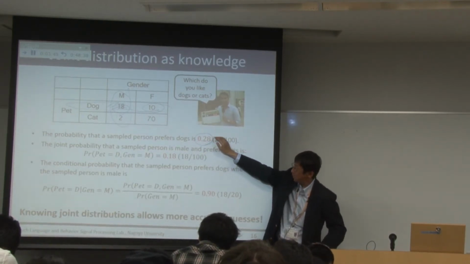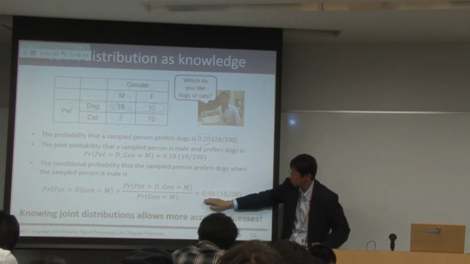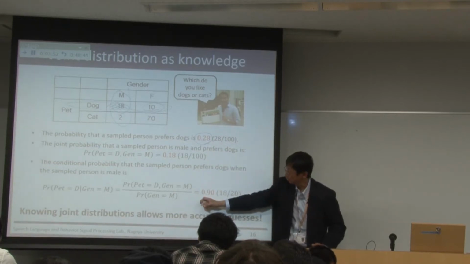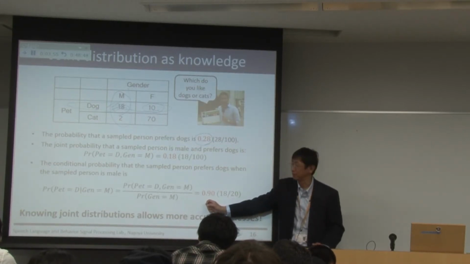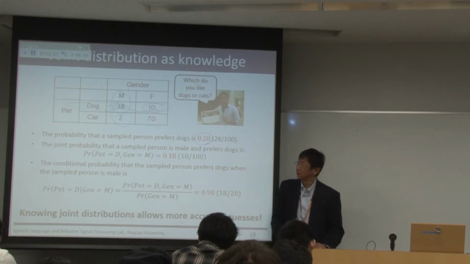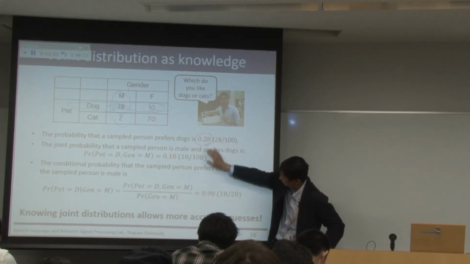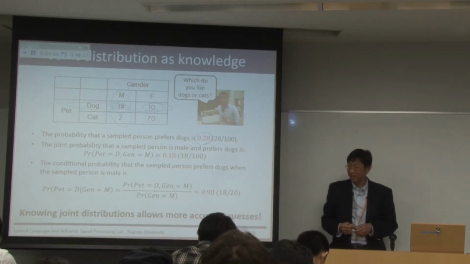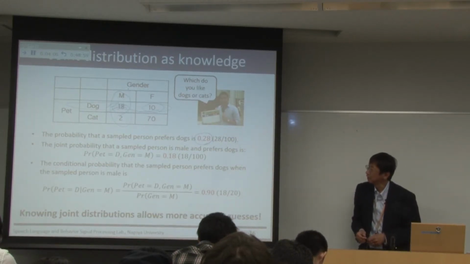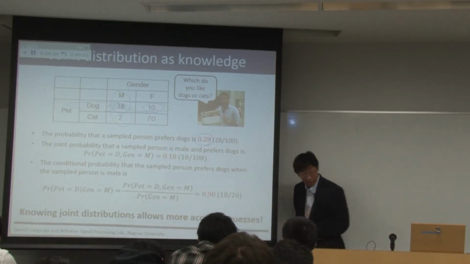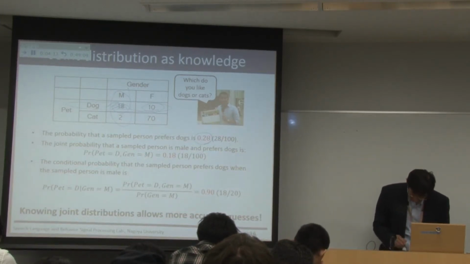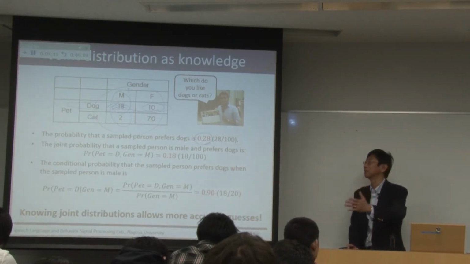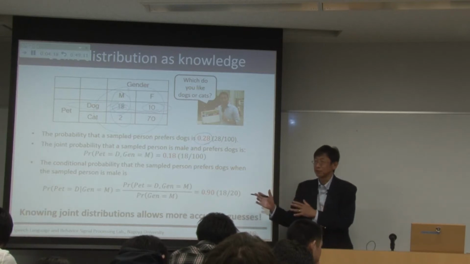But after knowing that the person is male, it changes to almost 90%. So the difference between these is a very important knowledge source. What I would like to say is that just knowing this cross table is enough to predict or differentiate the preference of the subject.